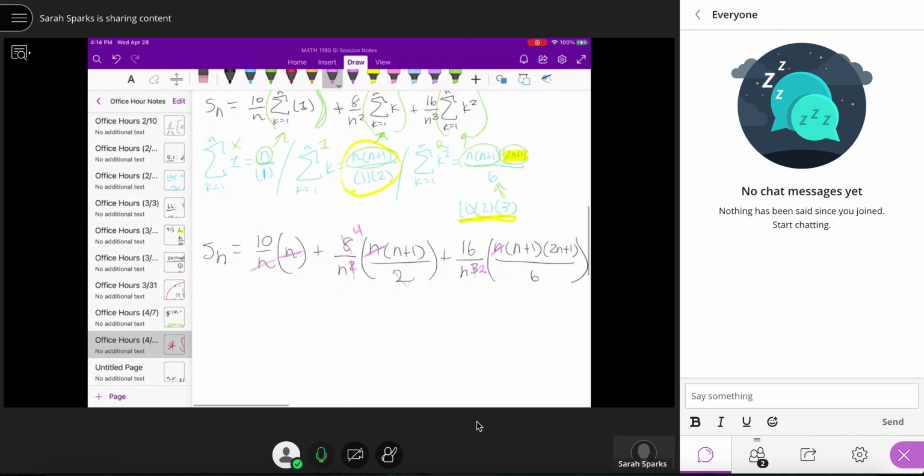So now doing those simplifications, we get 10 plus 4 divided by n times 1 plus 1 over, oh no, it's just going to be n plus 1. So 4 times n plus 1 over n. And then on this next one, we have 16 times n plus 1 times 2n plus 1 divided by 6n squared.